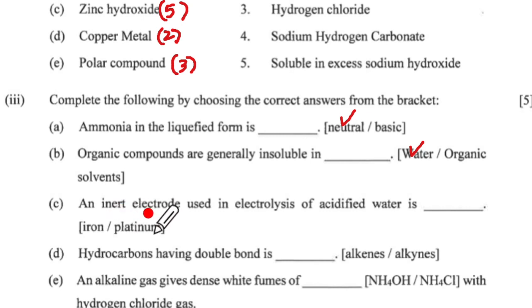C. An inert electrode used in electrolysis of acidified water is platinum. Hydrocarbons having double bonds, they will be alkenes. Where is alkenes? Here. An alkaline gas gives dense white fumes with hydrogen chloride gas. So NH4OH, ammonium hydroxide, with hydrogen chloride gas will give us dense white fumes.